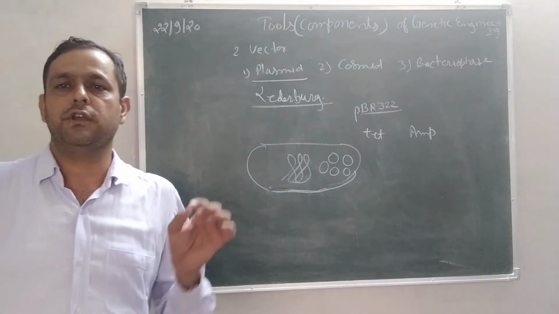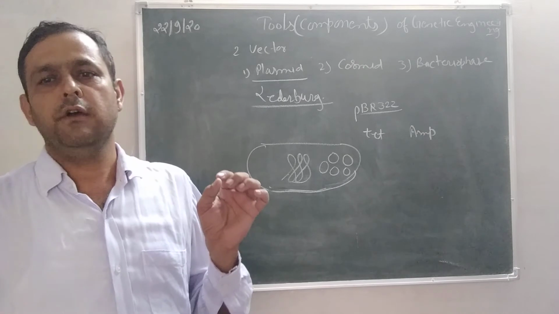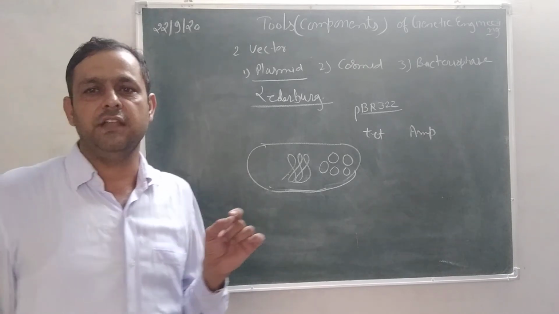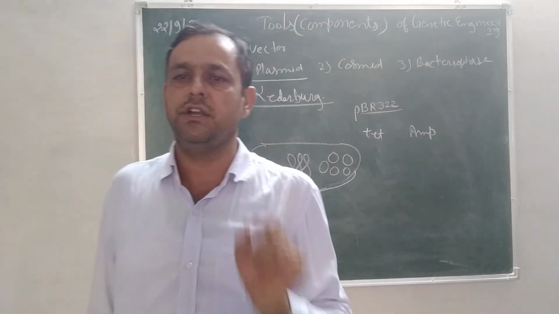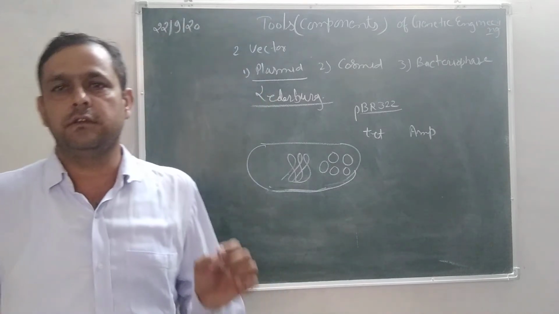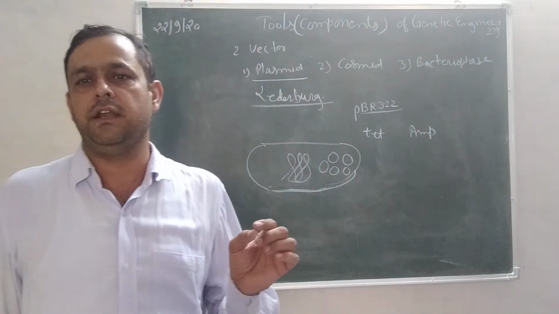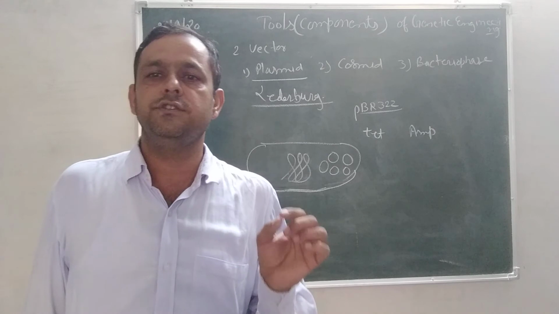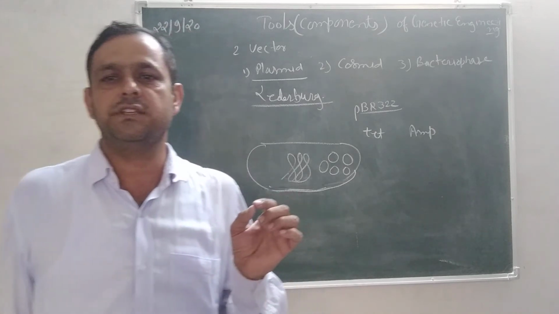It contains recognition sites for 12 different restriction enzymes. Foreign DNA is integrated between the TETR and AMPR genes with the help of a restriction enzyme.